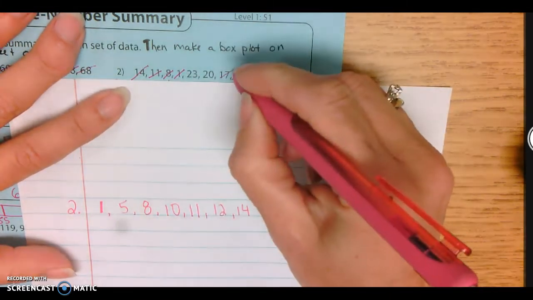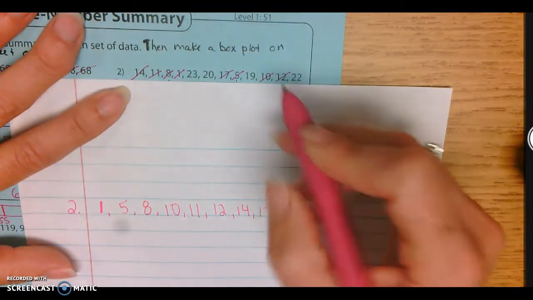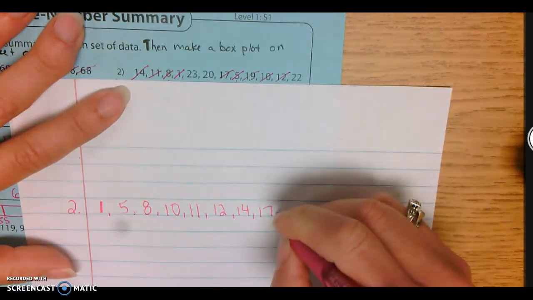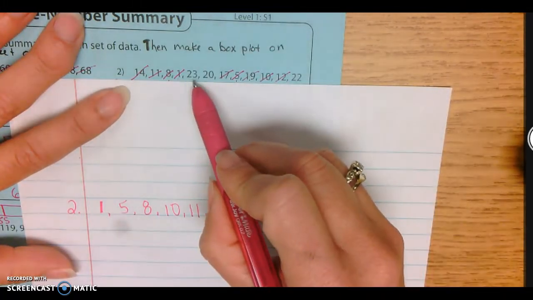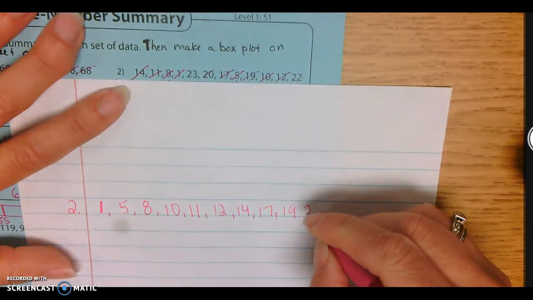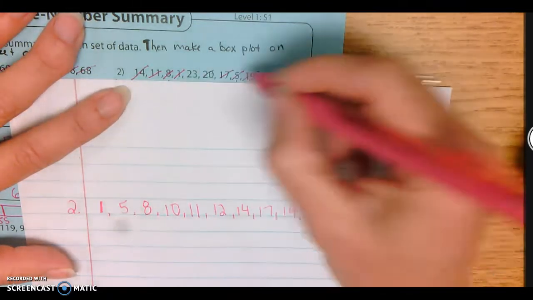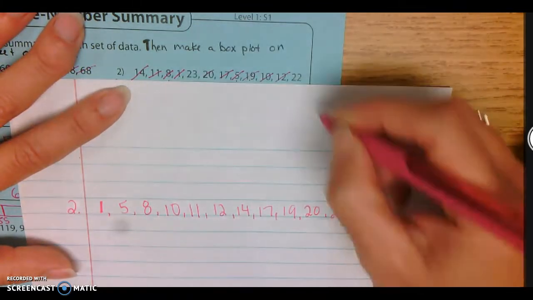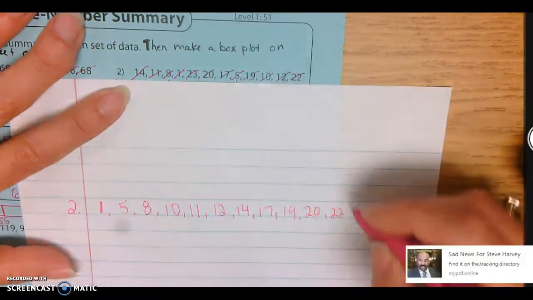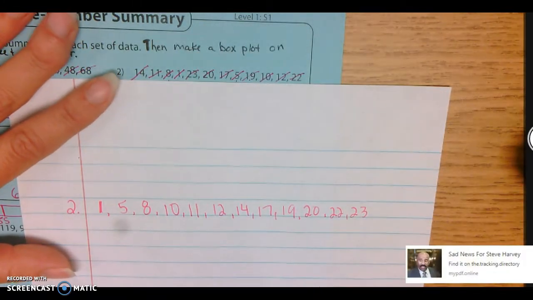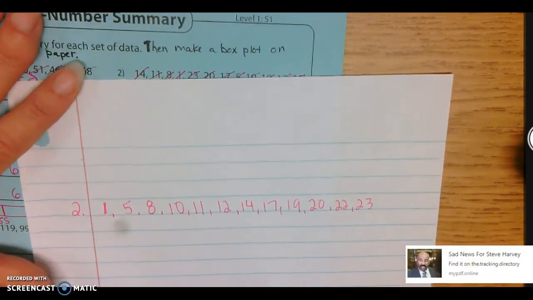So the next number I see is 17, then 19, and then 20, 22, and 23.